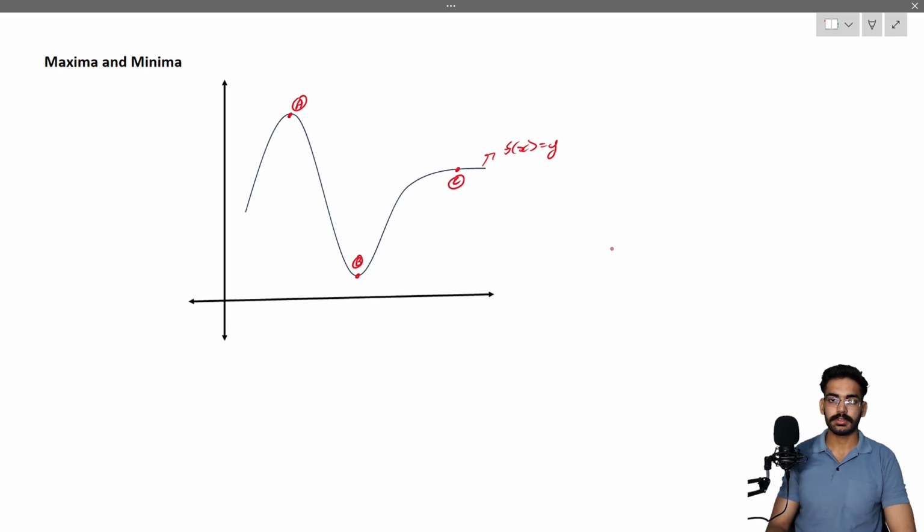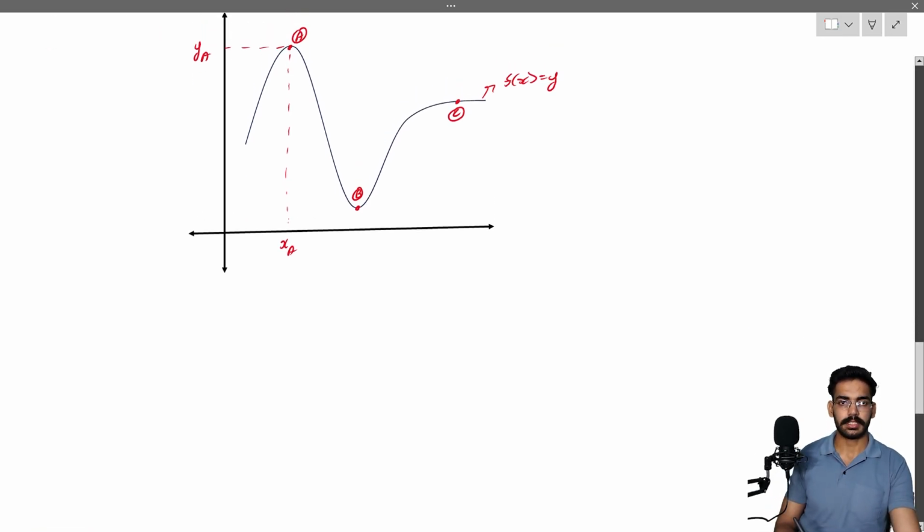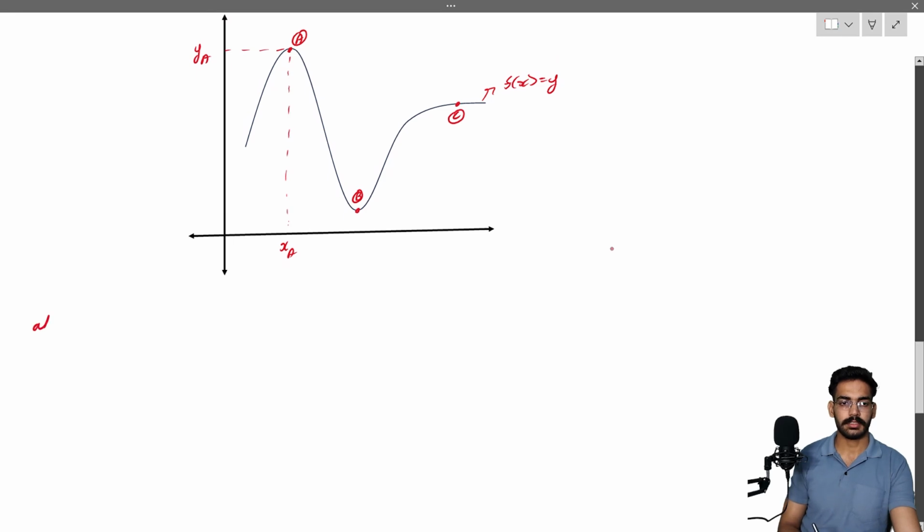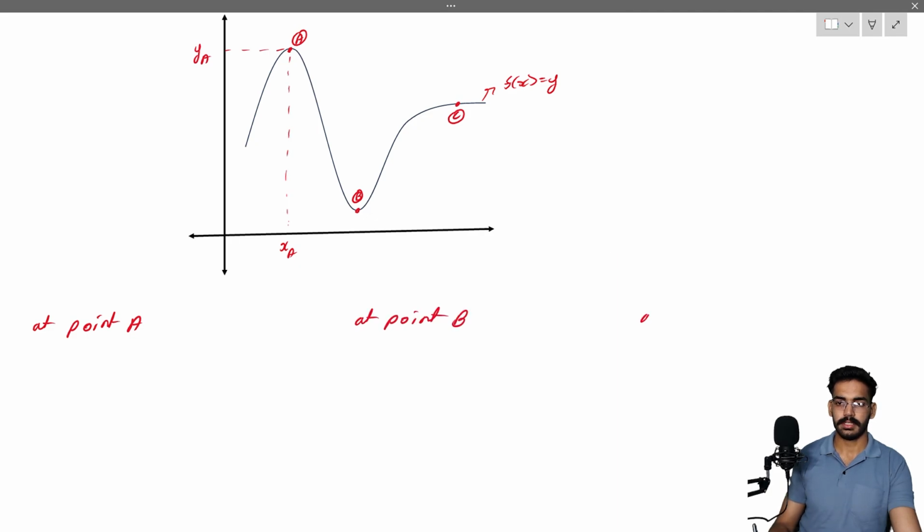Now let's say at a particular point the value is xa, and corresponding to xa the value is ya on the function. We will see all 3 points simultaneously: at point a, at point b and at point c.